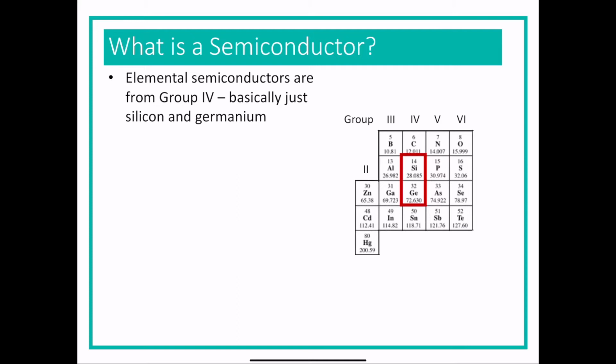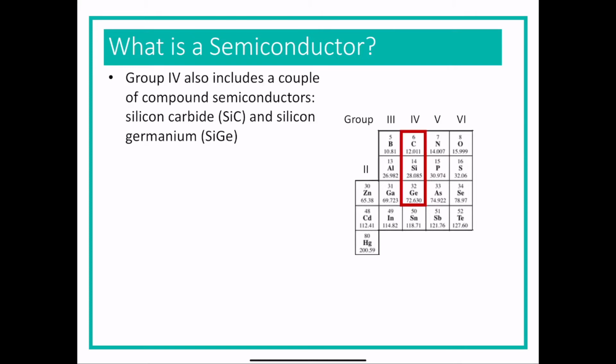Another way that we can make semiconductor devices is we could combine 2 elements, and we can actually combine silicon and carbon, and we can combine silicon and germanium. And those are compound devices, but they aren't necessarily elemental.